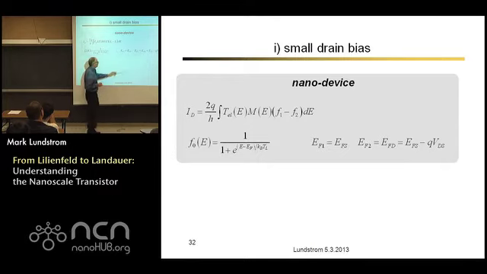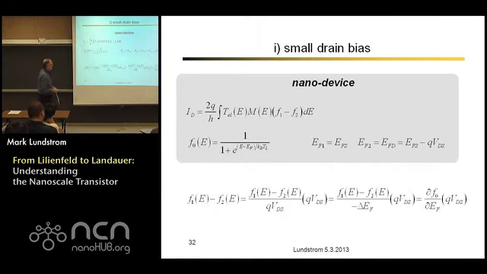We're going to apply a small voltage, so the Fermi level in this drain is just a little different from the Fermi level in the source. All right, now I have to do a little bit of math, but it'll look plausible. F1 minus F2, I could write that as Fermi function in the source minus Fermi function in the drain, divided by Q times the voltage and multiplied by Q times the voltage. All right, I haven't done anything. Voltage lowers Fermi level.